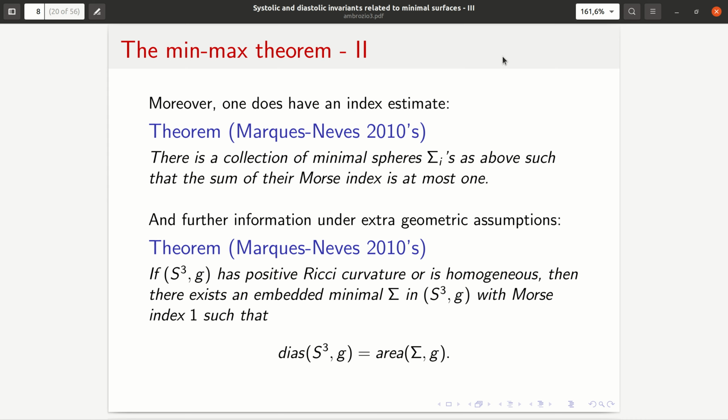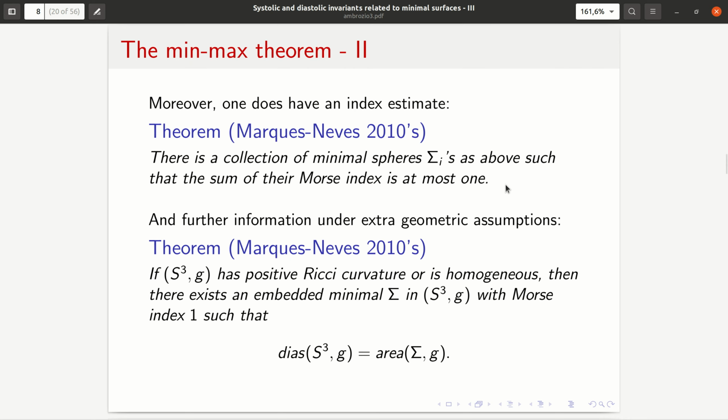Marques and Neves also, in the 2010s, showed that if the Riemannian metric on S3 has positive Ricci curvature or is homogeneous, then you can find a single embedded minimal sphere sigma with Morse index equal to 1 and area equal to the diastole.